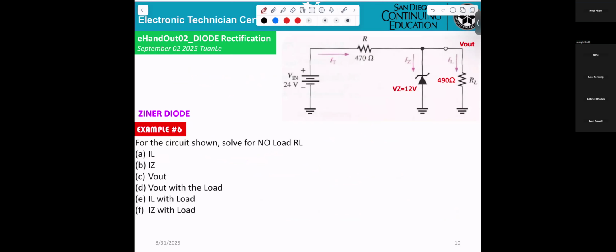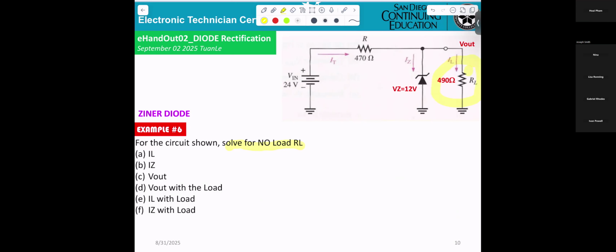Okay, now they're telling me for this problem here. First thing, for the circuit shown with no load IL, that means right now we're working without IL.